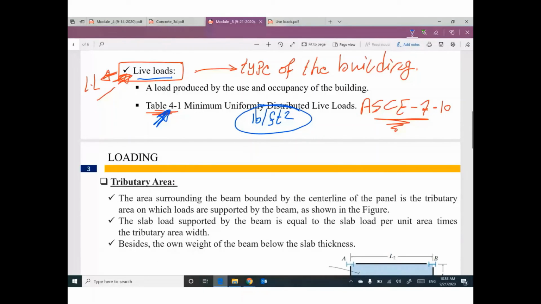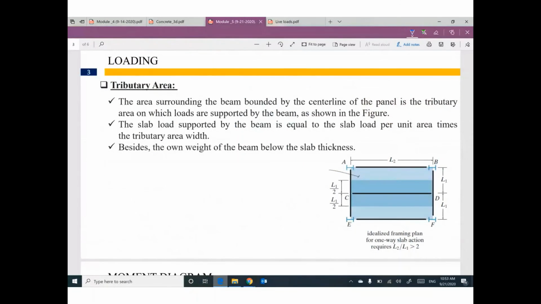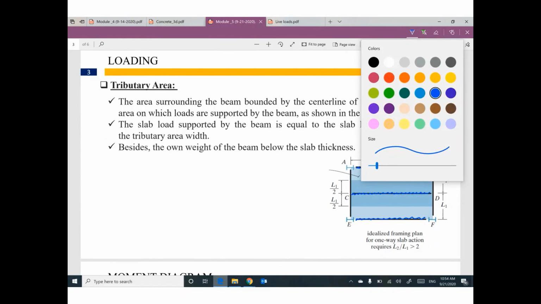We have something called tributary area. What do you mean? I believe I covered this before, if you remember, in the structural analysis and design course. We have a beam like this one, and another beam like this one, and another beam like this one. Each beam will support load from center line to center line.